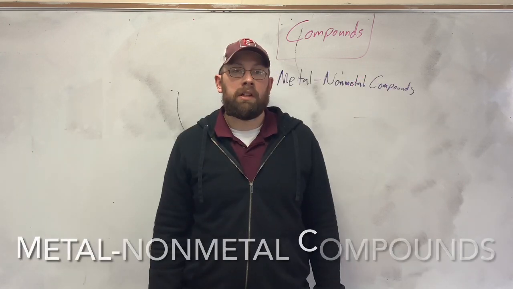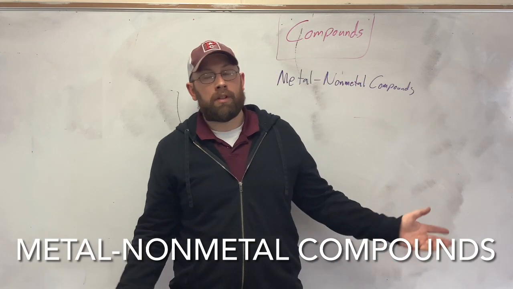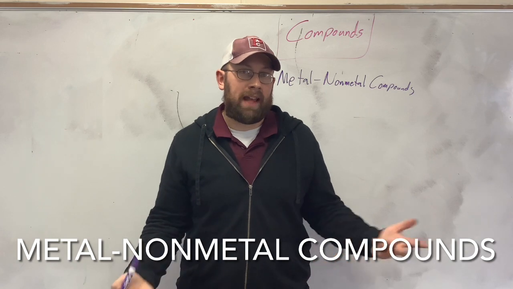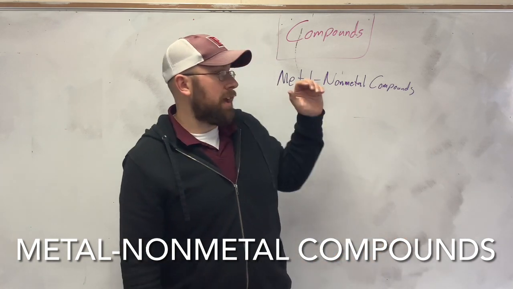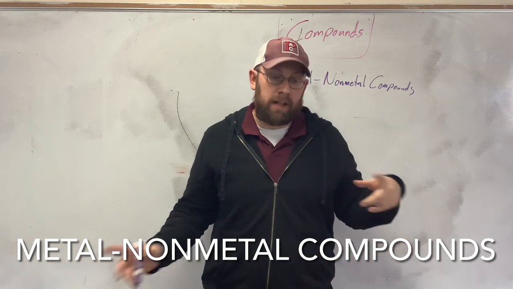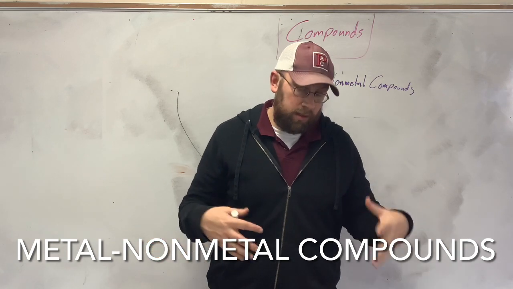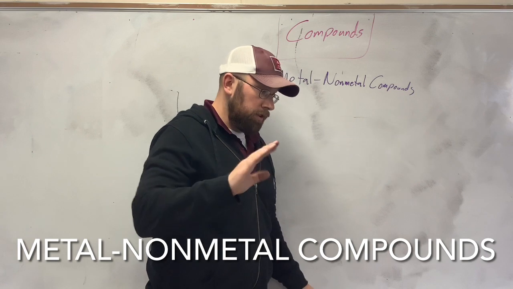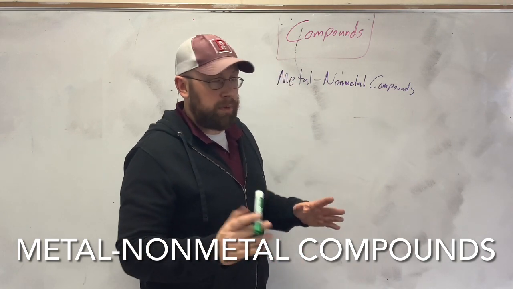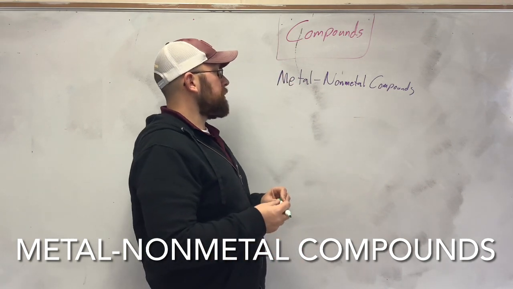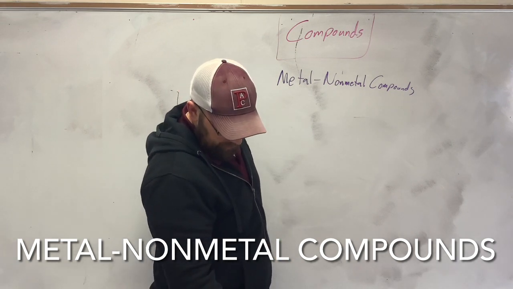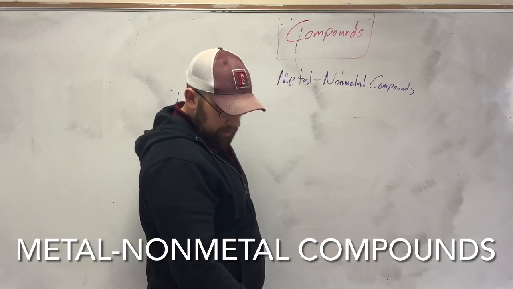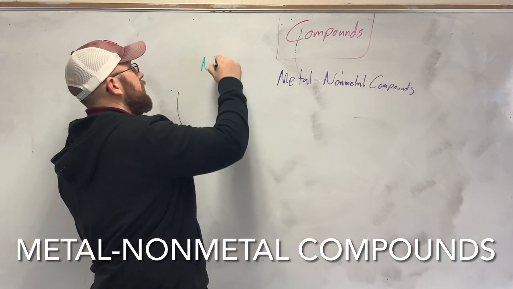The first thing you need to do when you're trying to name these is find out what you have. You need to know if it's a metal or a non-metal, and then you have certain rules based on that. Look on your periodic table and see what's what. If you have a metal and a non-metal, my example here is table salt, or NaCl.